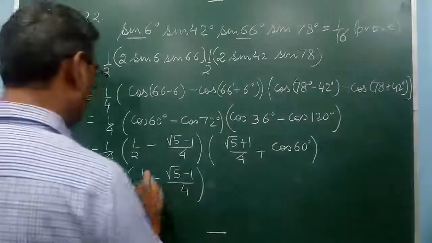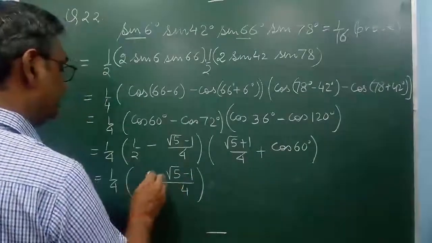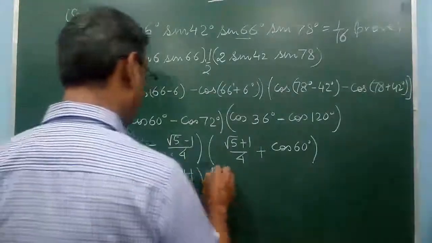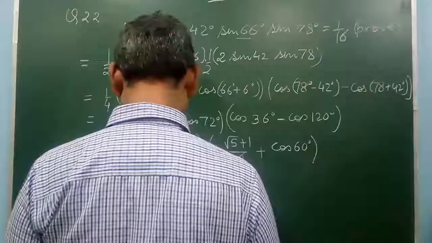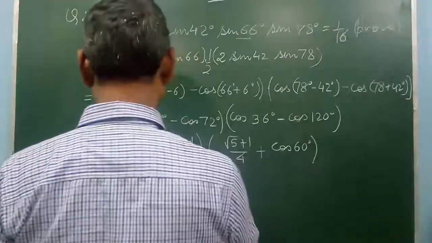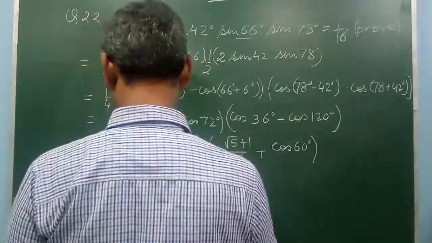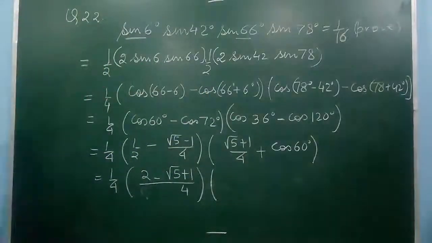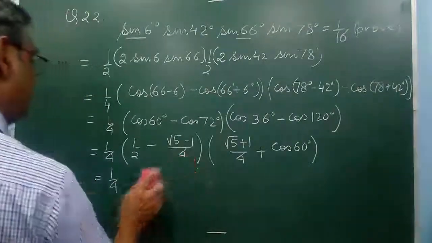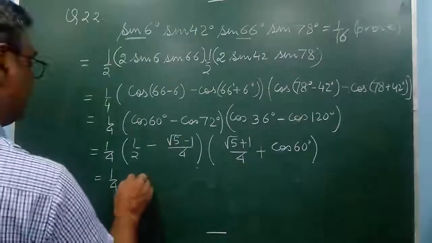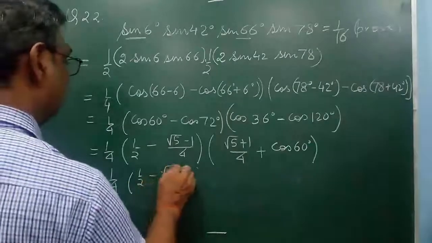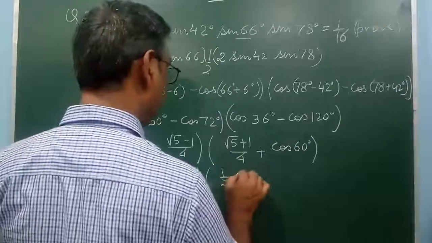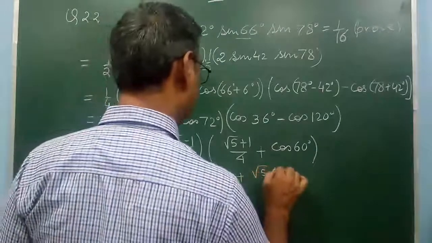This is there. So we can take the LCM here. So it is 2 minus 5 plus 1, and here we can do like this only, 1 minus (root 5 minus 1) by 4, and here 1 by 2 plus (root 5 plus 1) by 4.